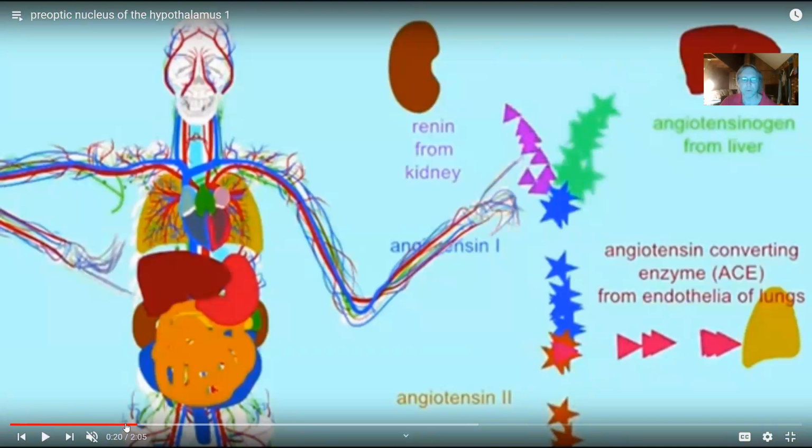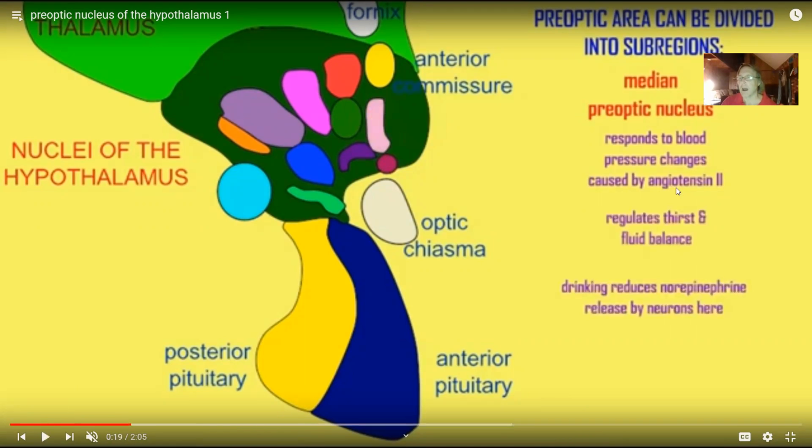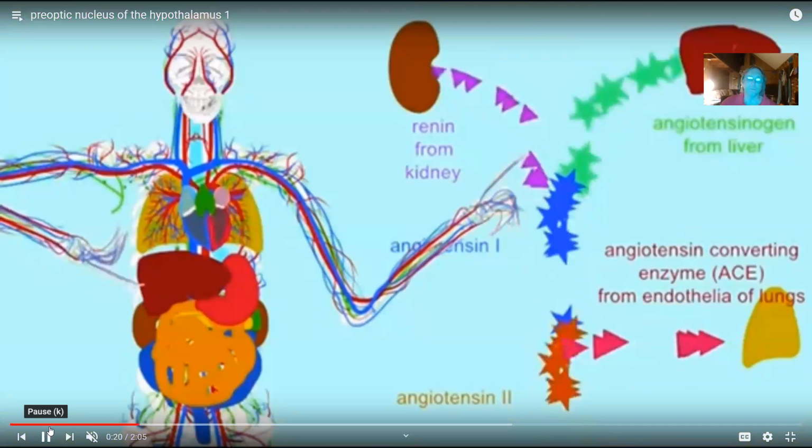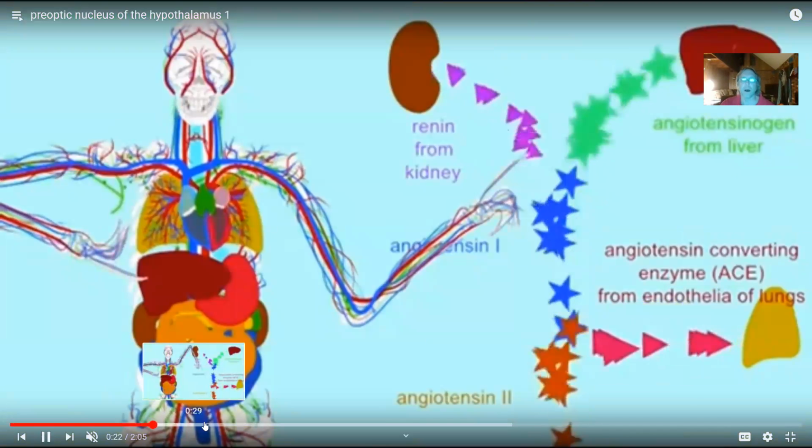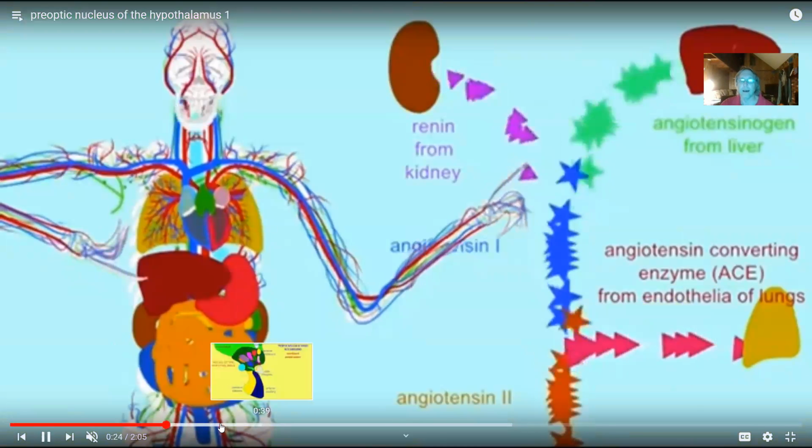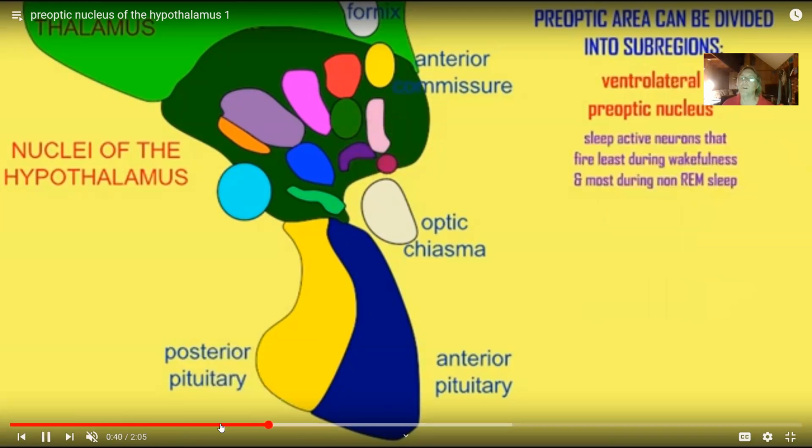So, for example, here's an area which is involved in blood pressure, involving angiotensin, which is the major system by which we control our blood pressure. And since our blood pressure can drop when we're, say, dehydrated, etc., this then feeds into our sense of thirst and our drive to go get a drink. And so that's one subdivision of the preoptic nucleus.